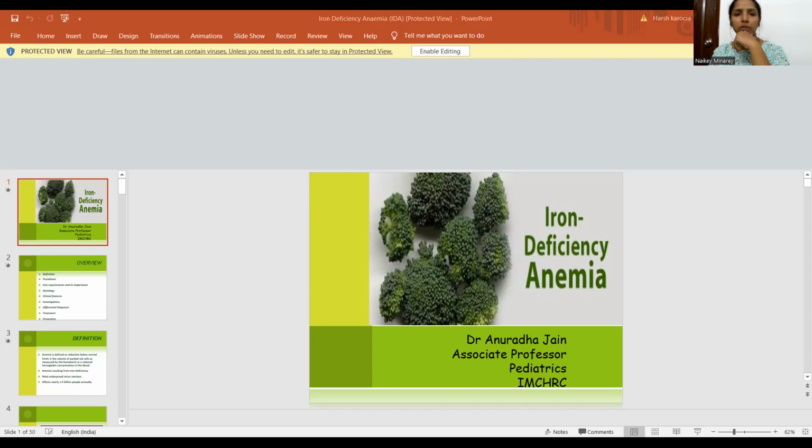For diagnosis, there will be significant macrocytosis with MCV more than 100, and MCV more than 110 confirms the megaloblastic anemia. There will be low retic count, decreased leukocyte and platelet count can be there, marked anisopoikilocytosis. So here you can see hypersegmented neutrophils. So these are the megaloblasts with hypersegmented neutrophils.